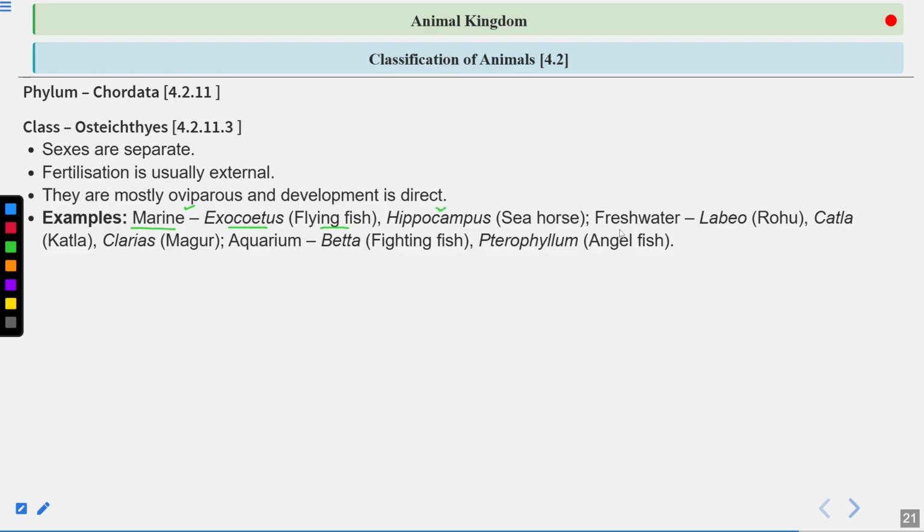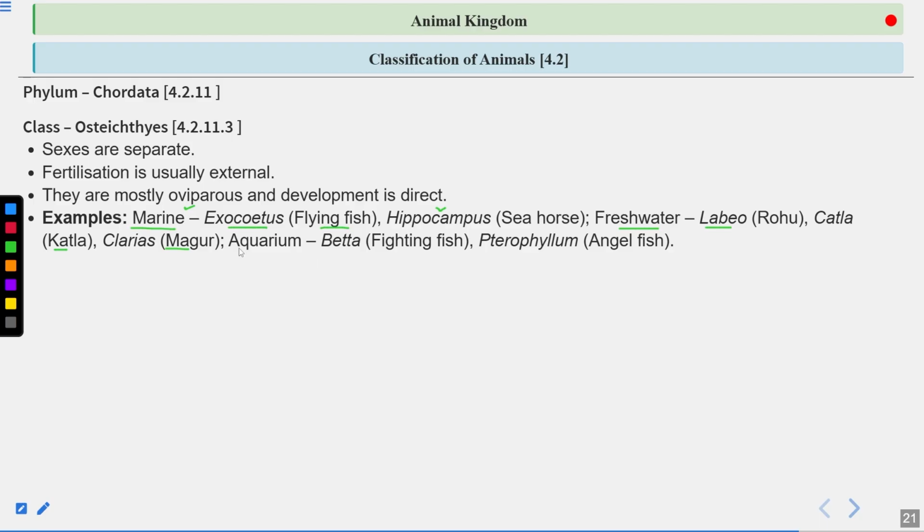Now we will see the freshwater examples. Labeo, commonly called rohu. Catla, also called katla. The spelling is different: in English, or in italics, it is written Catla, but commonly it is called katla. Clarias, commonly called mangur fish.